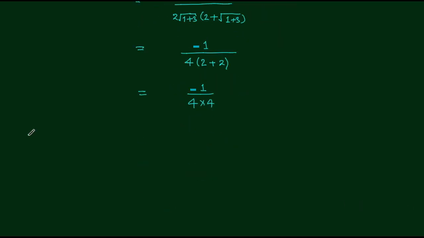Therefore, the limit as x tends to 1 of the original version, which was 1 over x plus 3 minus 1/2 all over x minus 1.